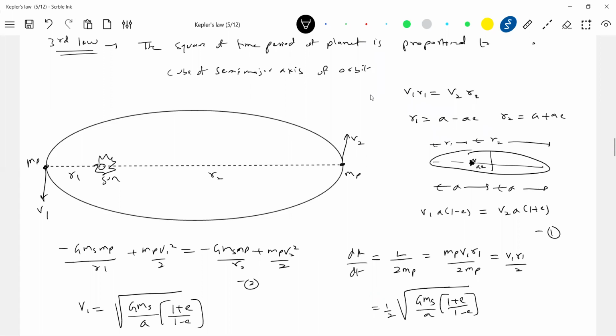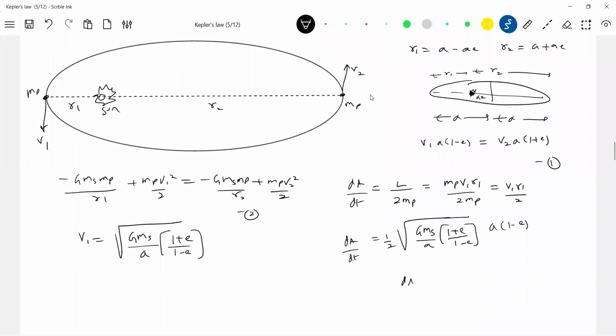What is R1? Shall I write A into (1 minus e)? By 2 is there. So this is the areal velocity. Okay, solving this, what is the expression for areal velocity? dA by dt should become equal to half into the square root of G M_S A (1 minus e squared).